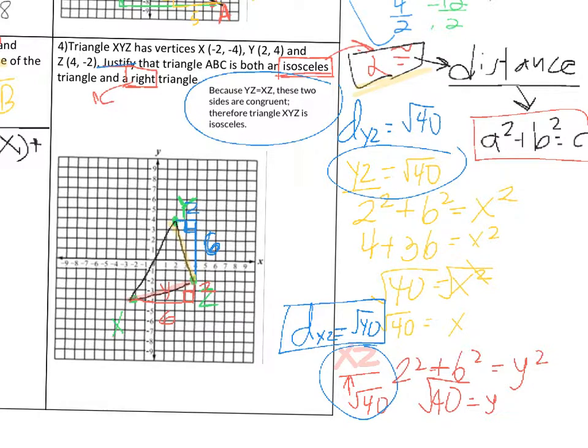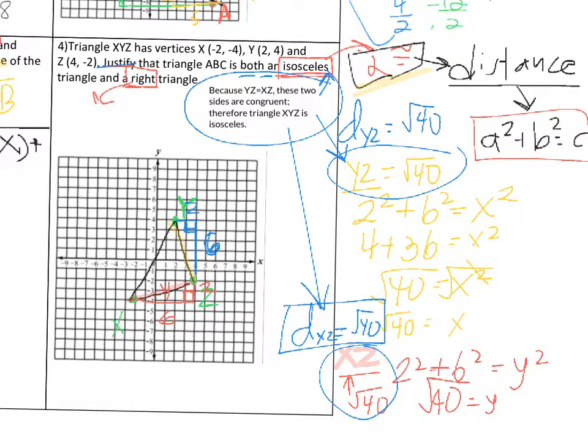Because line segment YZ is congruent to line segment XZ, these two sides are congruent, therefore triangle XYZ is isosceles. Now, again, we're only proving this part so far, and we're not done with the problem, but this justifies that the triangle is isosceles because we have our sentence explaining it as well as the work shown that supports our justification.